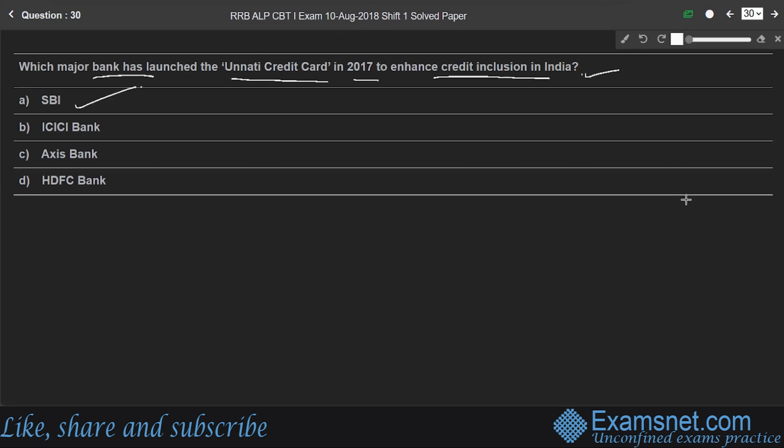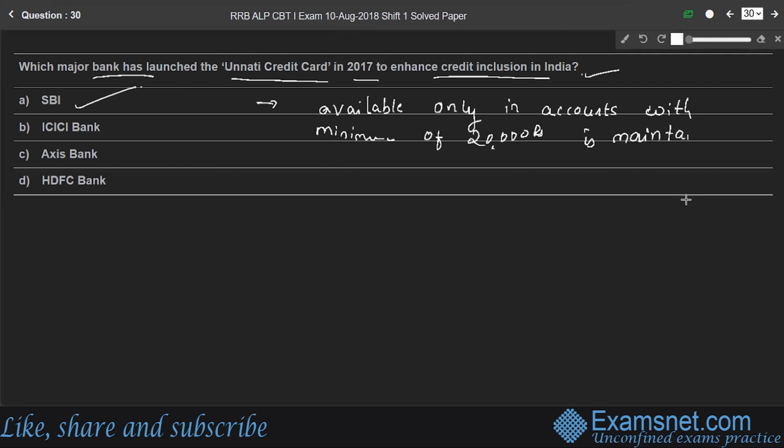This facility is available only in accounts where a minimum balance of 20,000 rupees is maintained.